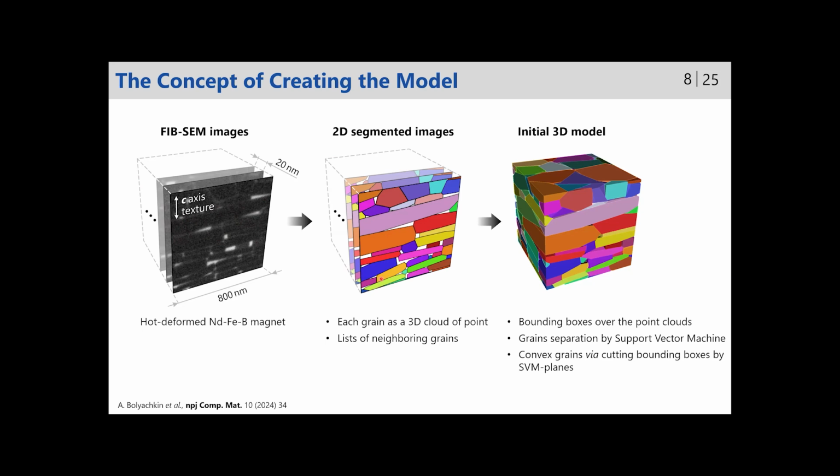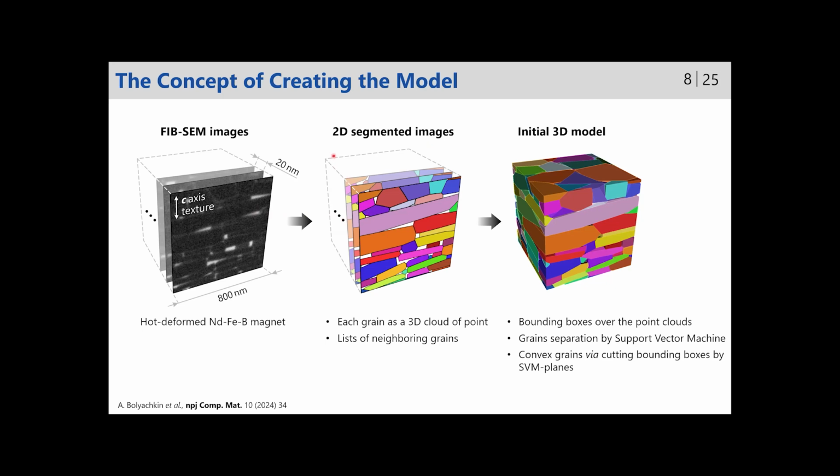Nowadays, with advances in image segmentation, with neural networks and other algorithms, it can be done very efficiently. So this step is becoming more and more affordable for very large-scale tomographic data.